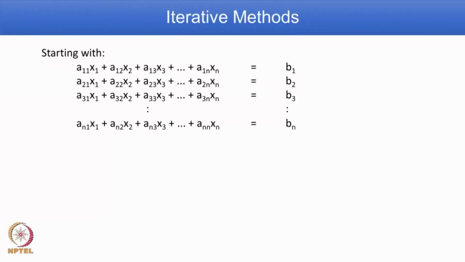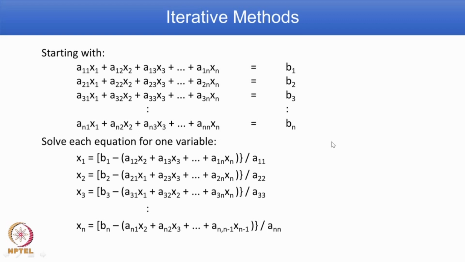So, let us start with the list of linear equations as we did before: a11 x1 plus a12 x2 plus a13 x3 all the way, and then b1 on the right side. Similarly, for all the rows, we get the last row a n1 x1 all the way up to a n n x n equal to b n. Now, what do we do? We start with the initial guess value.